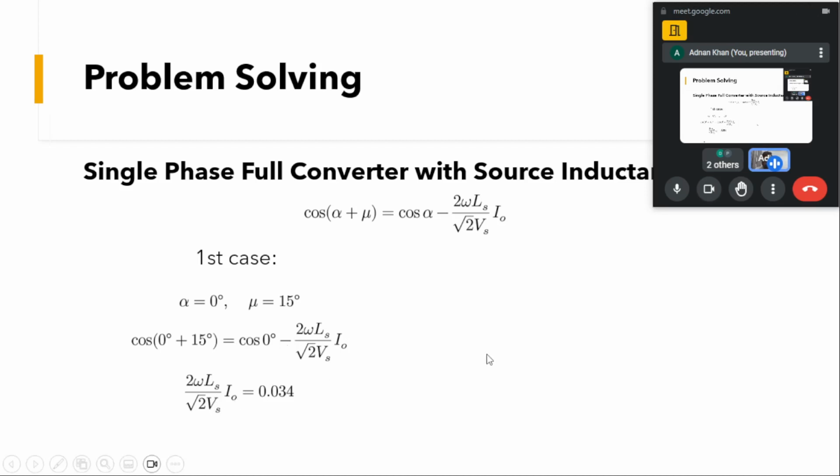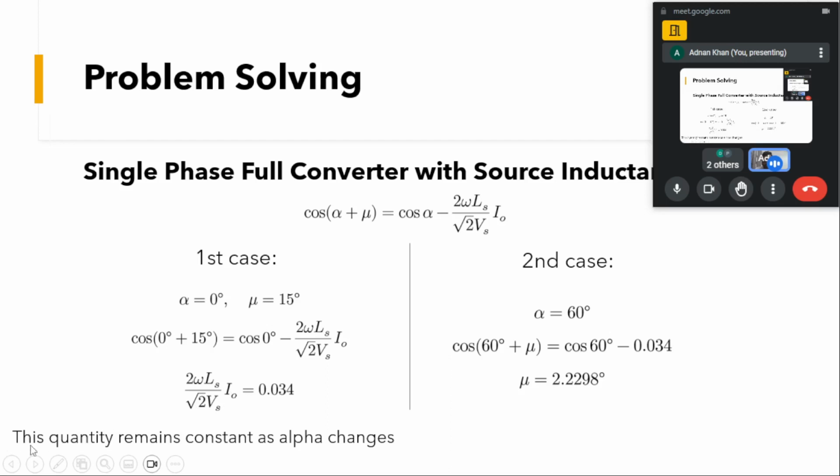Now we will be moving towards the second case. We know that this quantity will remain constant. For the second case, what we are given is alpha, which is 60°, and we won't know the mu part. This mu is to be calculated.